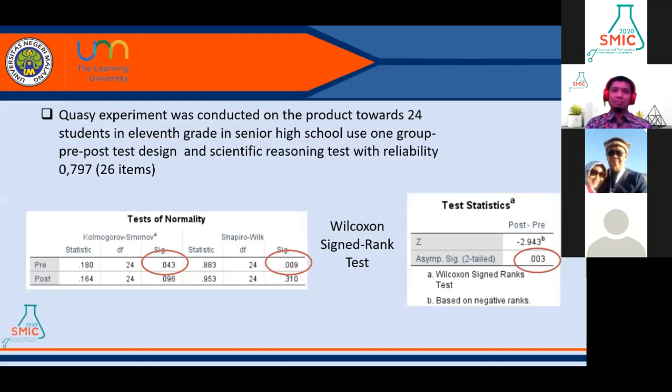So we use a Wilcoxon signed rank test, and the asymptotic significance with two tail is 0.003. So the result says that there is a difference between pre and post test of students' scientific reasoning skills using procedural scaffolding.